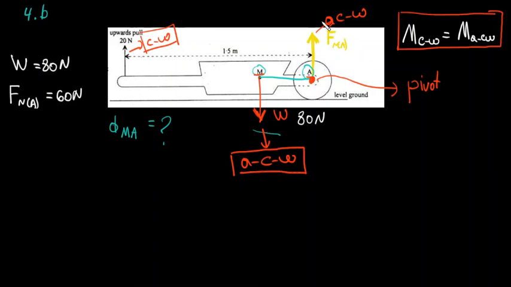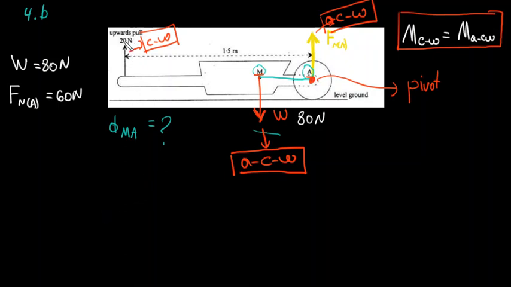This upward normal force is also going to create an anti-clockwise moment. If I apply this principle, M clockwise is equal to M anti-clockwise, I can easily find the distance from point M to the A. So let's write it down.